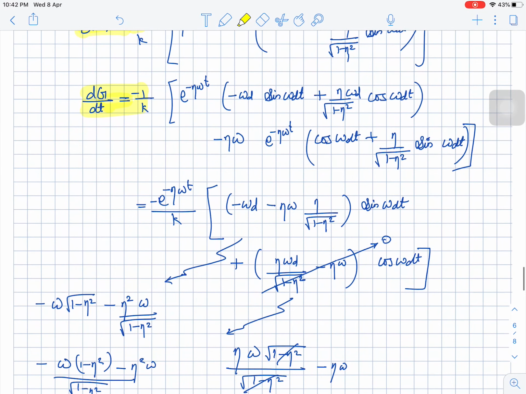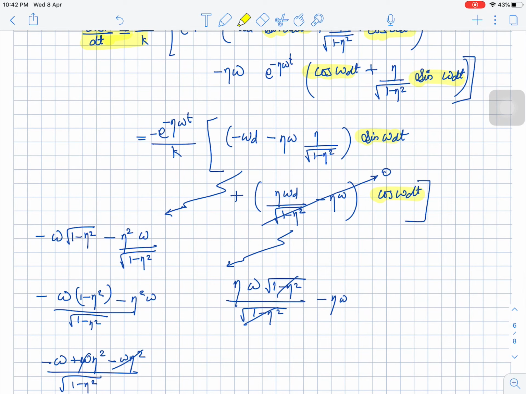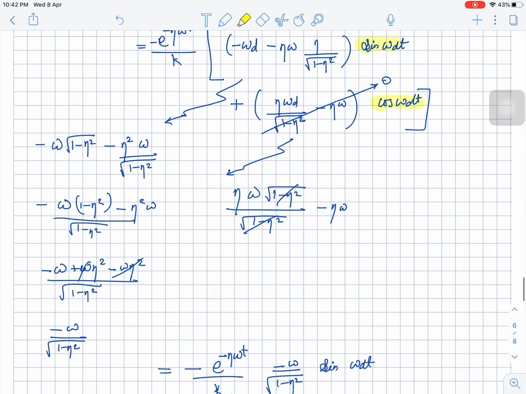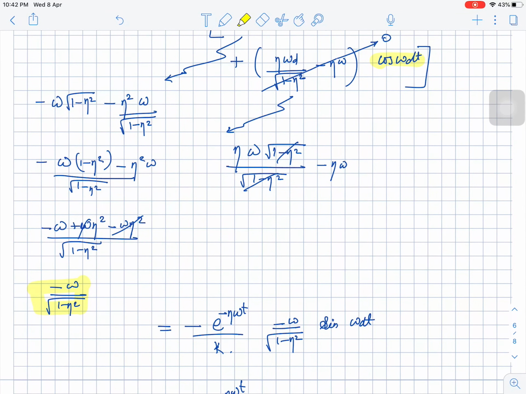Then we collect the sine terms and cosine terms separately, and we try to simplify the coefficients of sine and cosine. The coefficient of cosine omega dt goes to 0 if you expand it, and for the coefficient of sine omega dt, with some simple derivation you will end up in this form.